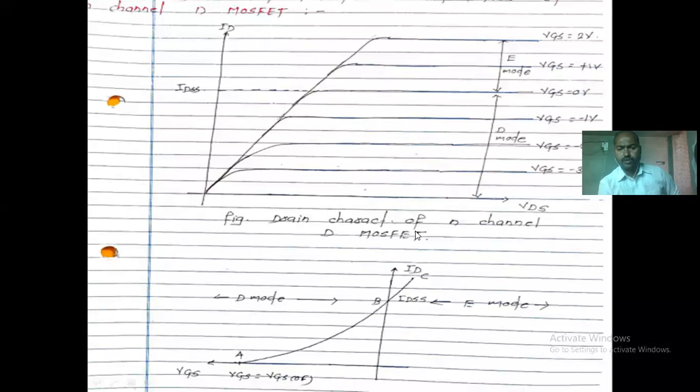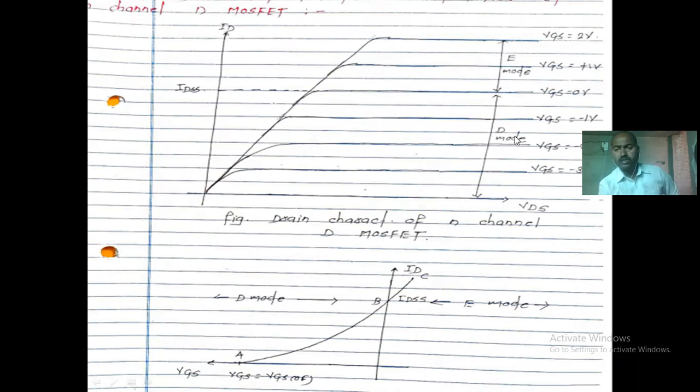In this characteristic, we have studied that as we increase the VDS value at negative values of Vgs, there is a small amount of current flowing through the device.